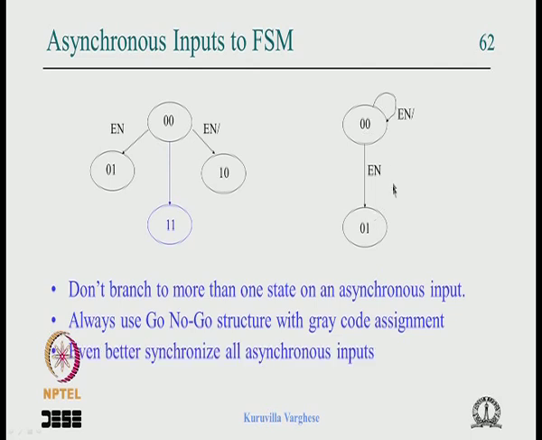And as I said, it is even better to synchronize the asynchronous input without much botheration, unless it is a very small circuit you are trying to make.